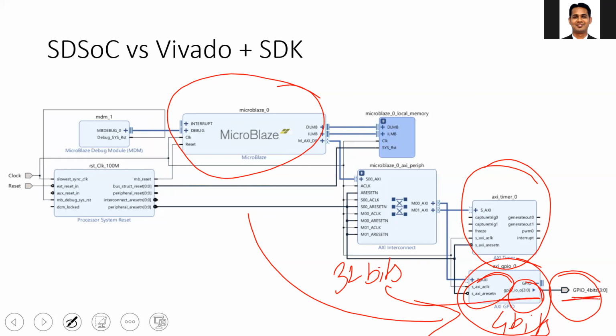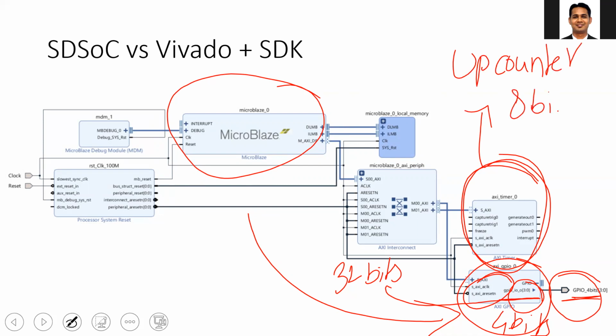Then the next thing we can do is that we will try to use this AXI timer. This AXI timer IP can be used as an up counter, it can be used as a down counter, or it gets triggered when some event happens, or it generates a pulse width modulated signal. So it is a multi-purpose IP. In our lab, we are going to configure this IP to work as a counter, and we are designing this counter as an 8-bit.